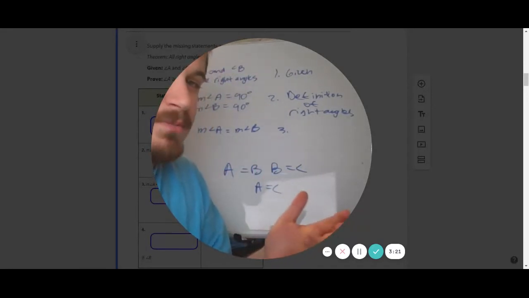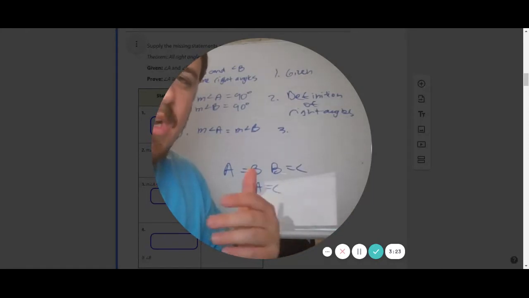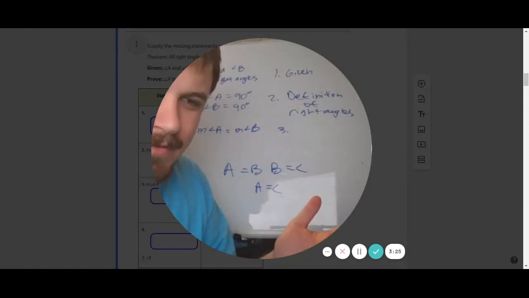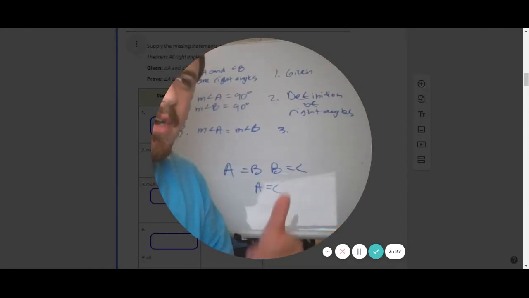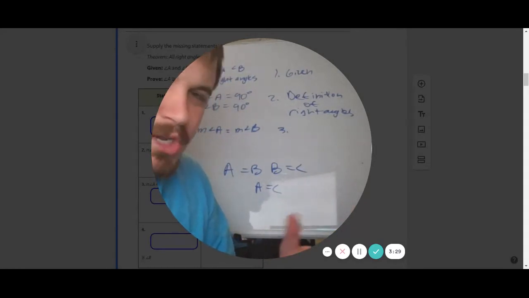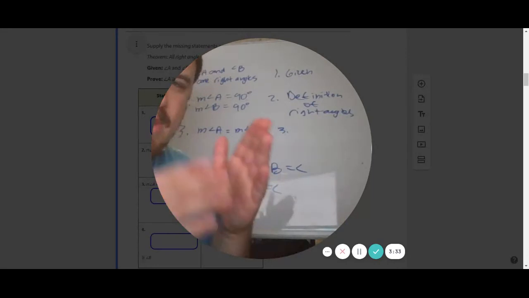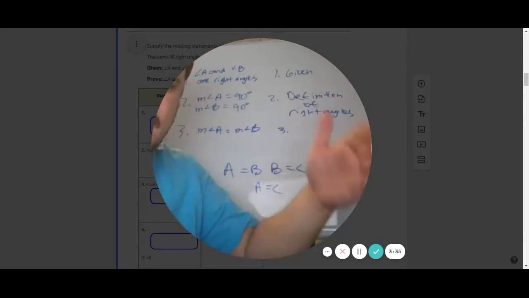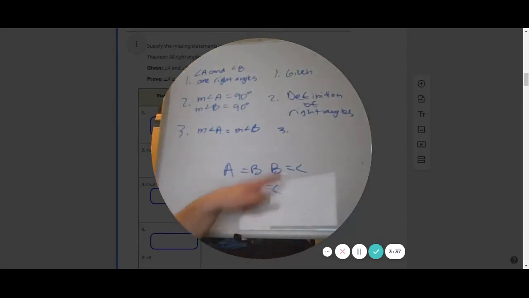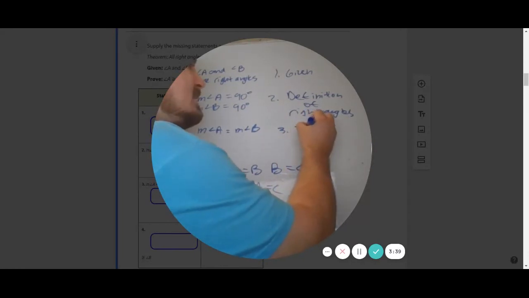I'm sorry if you're hungry and watching this. Burrito costs as much as the hot dog, hot dog costs as much as the hamburger. So what can you then say? Well, then the burrito must cost as much as the hamburger, right? You take the thing in the middle that's equal and take the two things on the outside and make them equal. This concept right here is called the transitive property.